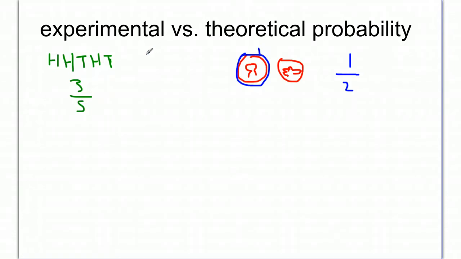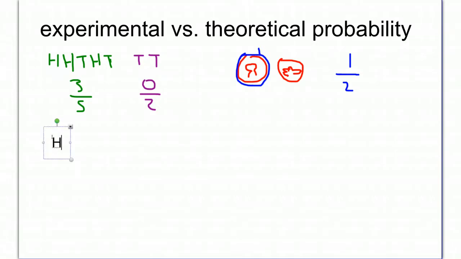But the thing about experimental probability is that you can do it as many times as you want. I could do an experiment and do it only twice and get tails and tails. And then my probability would be 0 out of 2. Or, if I'm feeling ambitious, I could flip it a whole bunch of times.